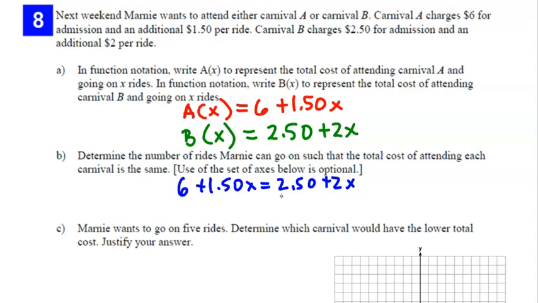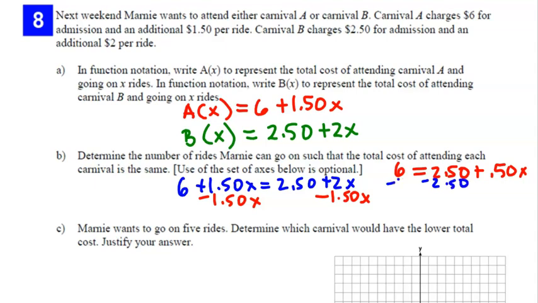So I'm going to subtract 1.50x from both sides, and that will give me 6 equals 2.50 plus 0.50x, and then I'm going to subtract 2.50 from both sides, giving me 3.50 equals 0.50x.